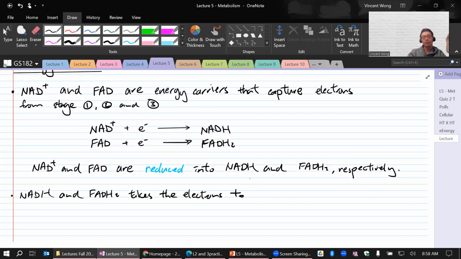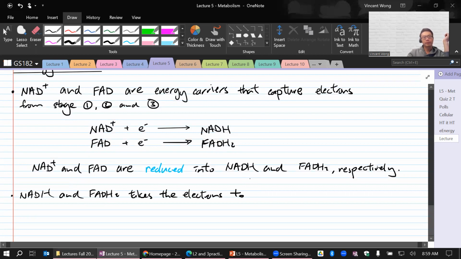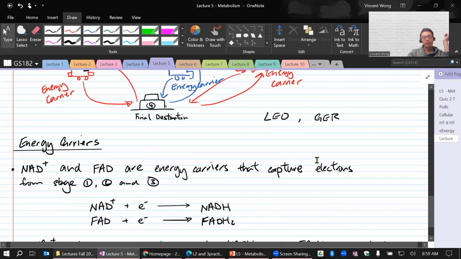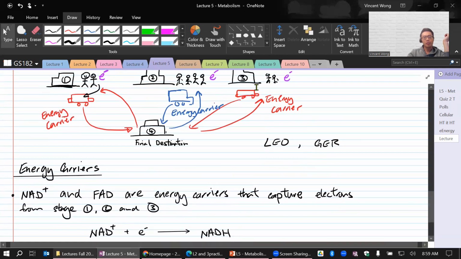Where's the final destination? Like in our picture here, all the electrons hop on to the energy carrier, the NAD plus and the FAD. Where are we going to take them? To the final destination. Look at your notes, guys.